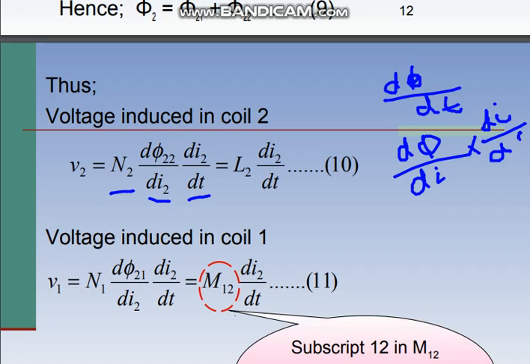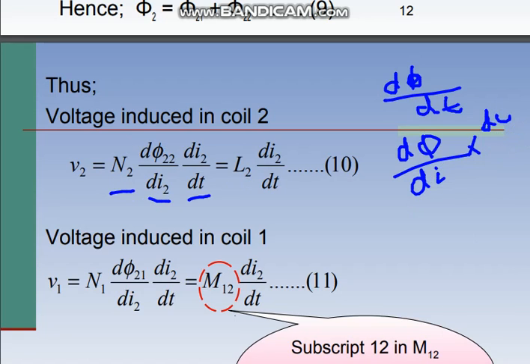That is a part of the mathematical calculation, as these two can be cancelled. But to make N2 d phi by di2 into the self inductance L2, we have to make the calculation like this.